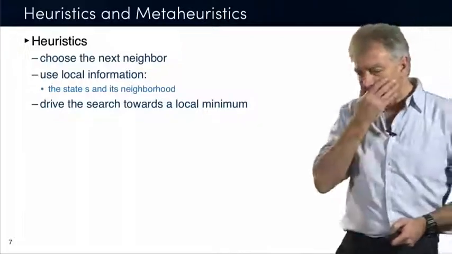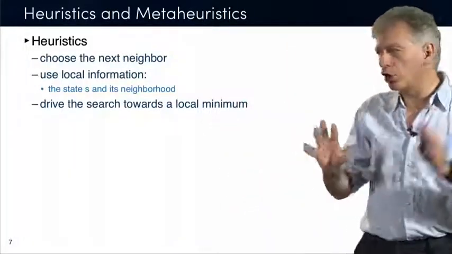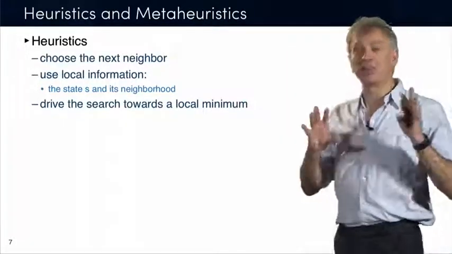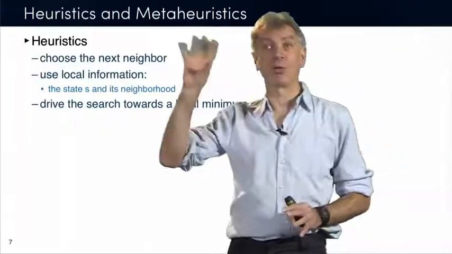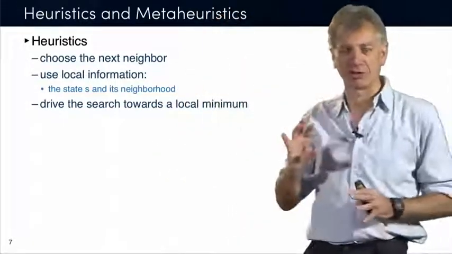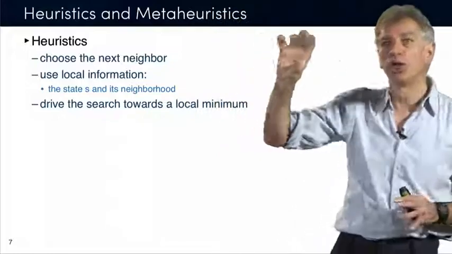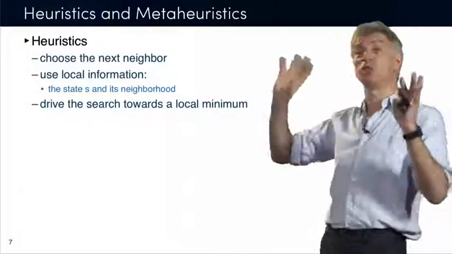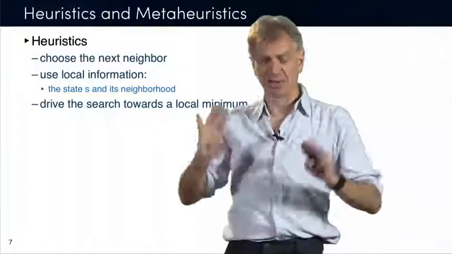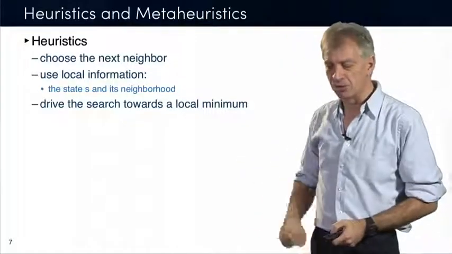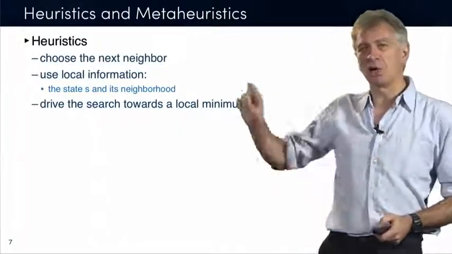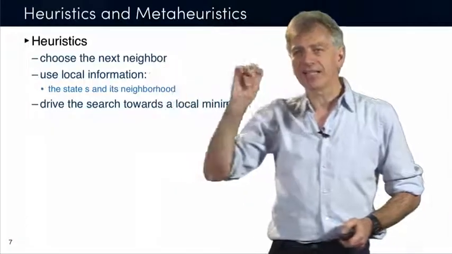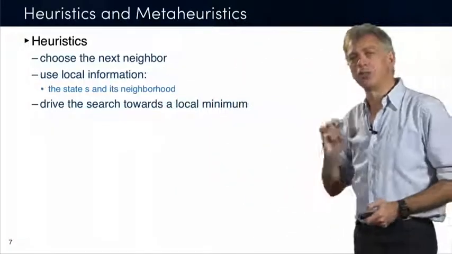Now, in local search, we typically distinguish between heuristics and what are called metaheuristics. One of the things you have seen in optimization is that we are always very good at choosing nice names, like heuristic, metaheuristic, and you'll see many very fancy names today. We are very creative people. A heuristic tells you how to choose the next neighbor.